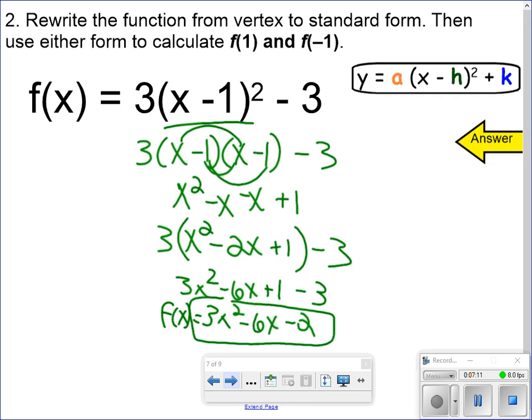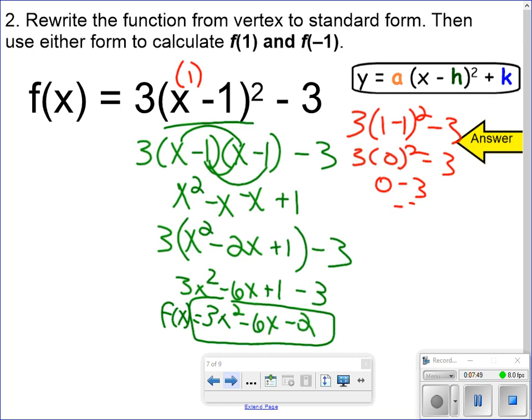Now we're going to evaluate 1 and negative 1 in both. Again, we should get the same thing in both. So if I use 1 in here, that would be 1 minus 1, which would be 0. And then 0 squared, which is 0, times 3, which is 0, minus 3, which gives me negative 3.